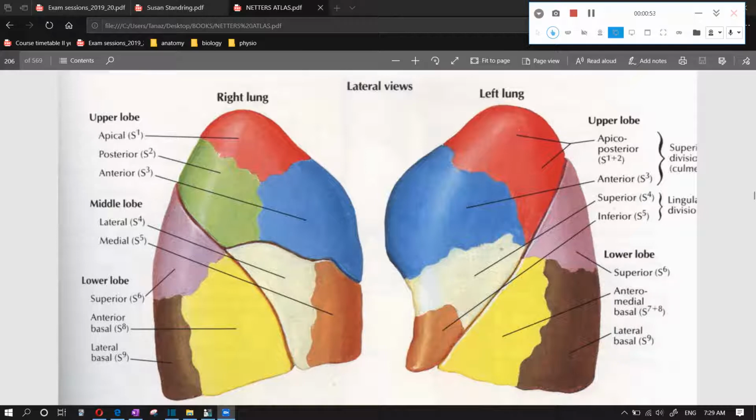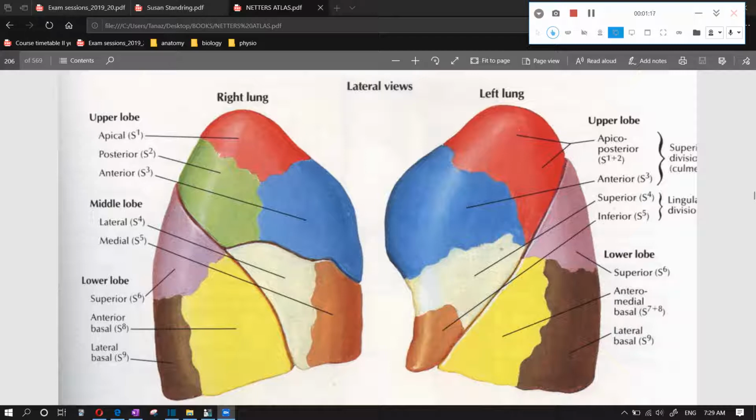Another thing you can notice here is that the left primary bronchus is quite smaller in diameter compared to the right primary bronchus, and it's more horizontally aligned, not as steep as the right bronchus.